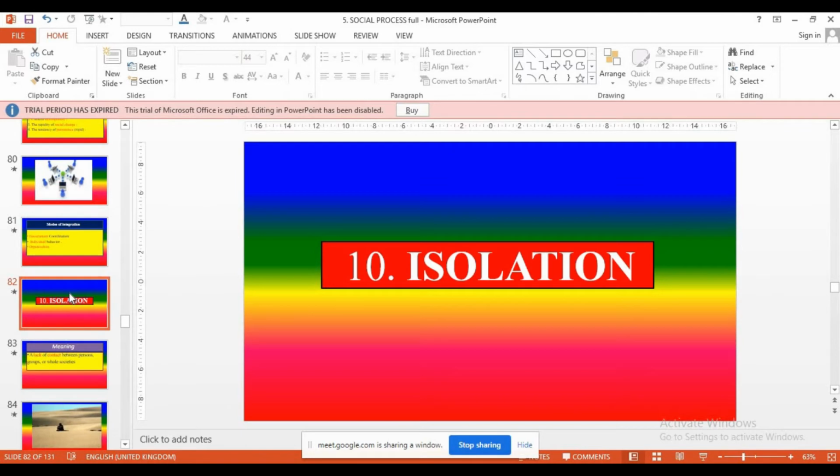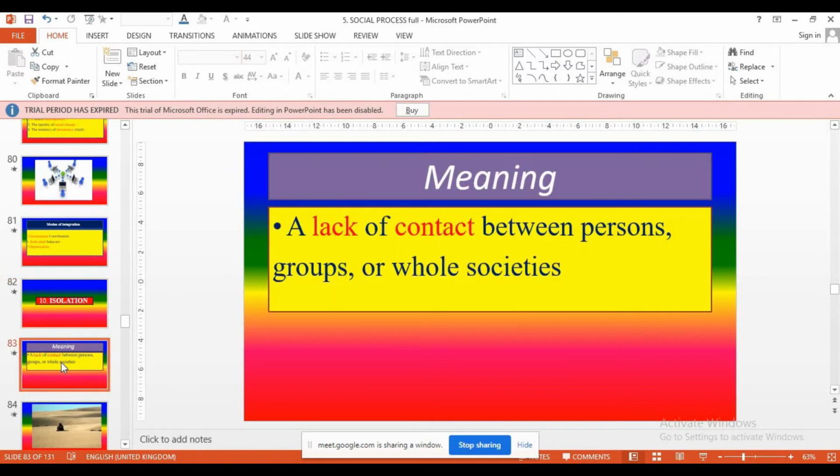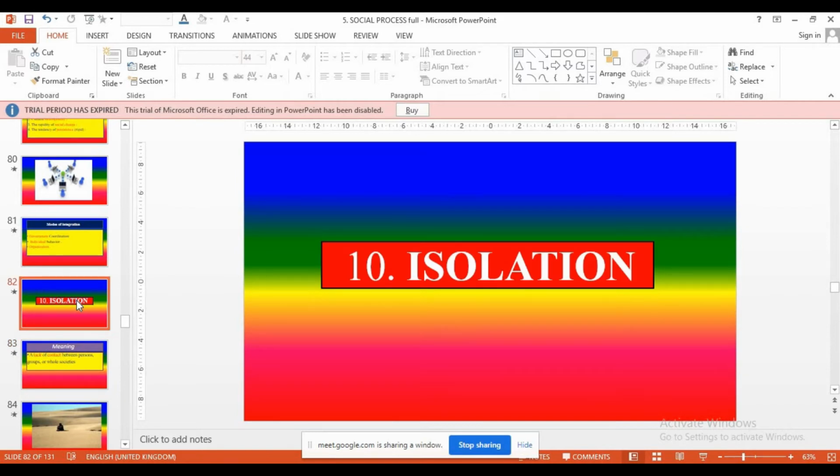Next social process, isolation. Students, isolation is a word we have been seeing and hearing now, a very famous word, to control a pandemic like COVID-19. So this is an important social process that exists in our society.